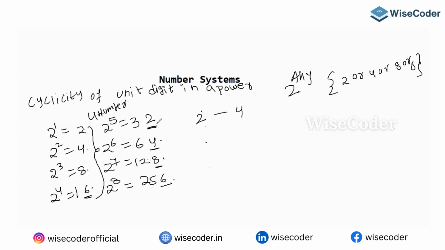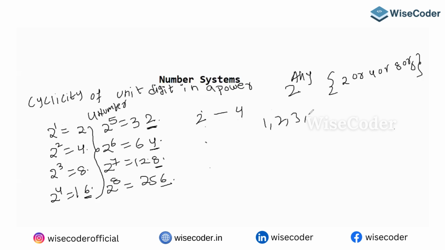After 4 times the number is repeating. So 2's cyclicity is 4, and the unit digits you are getting are 2, 4, 8 and 6. These 4 numbers are repeating.